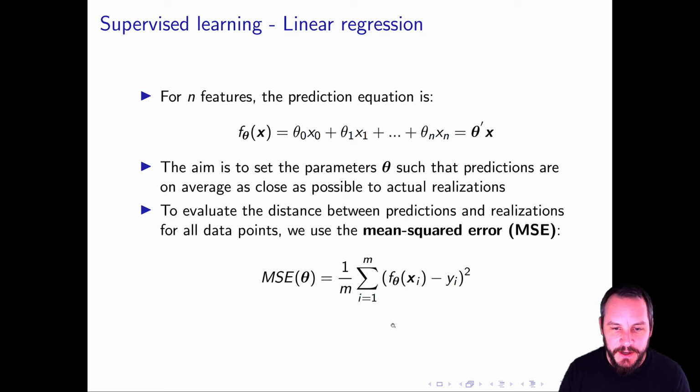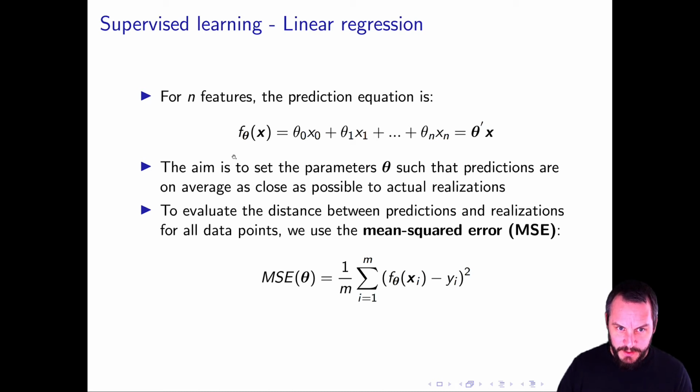And as we want to calibrate the parameters such that the model is really on average good for all the observations, we also take a look at the average amount of deviations between predictions and actual realizations, okay? And this is the mean squared error, and this is the appropriate loss function for a typical regression problem. There are other loss functions which can be used for this kind of problem, but I would say the mean squared error is the most common one.